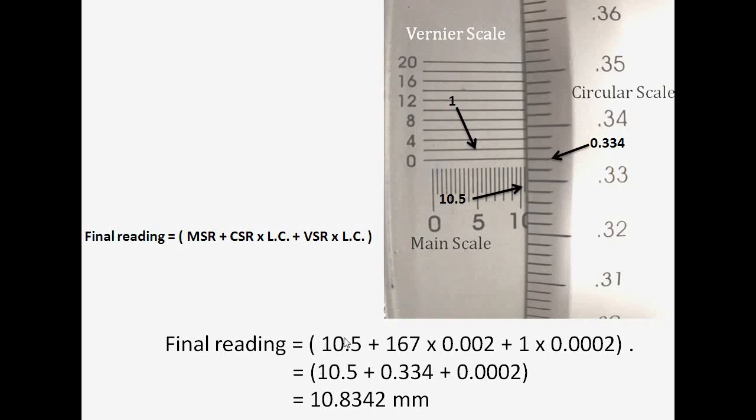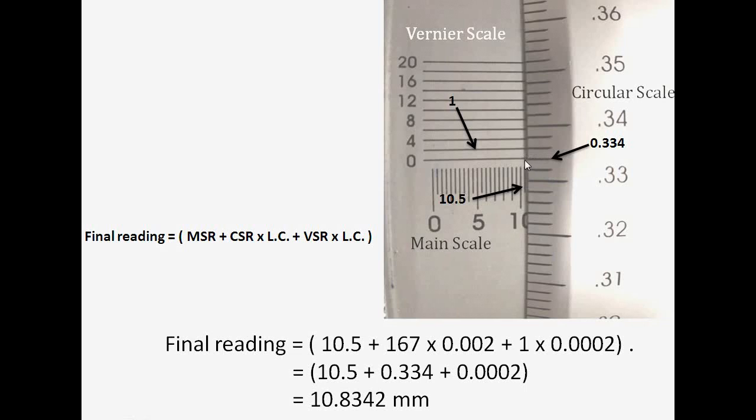Then there are a total of 250 divisions on this micrometer drum. Out of this 250, the 167th division is matching, or is just below the 0 of the vernier scale.